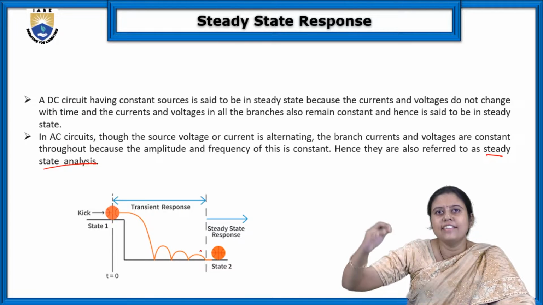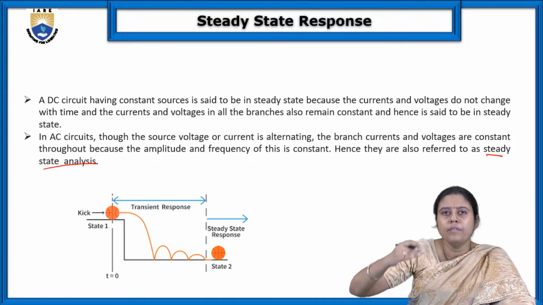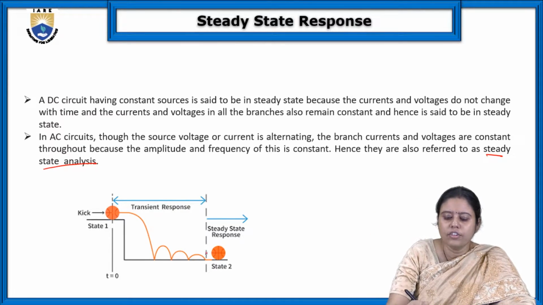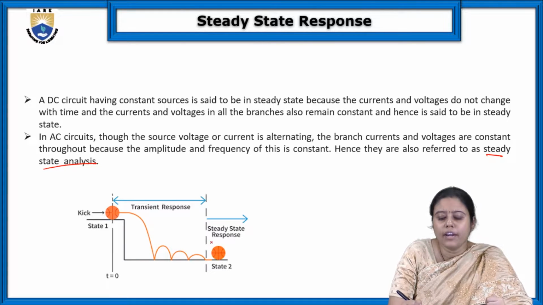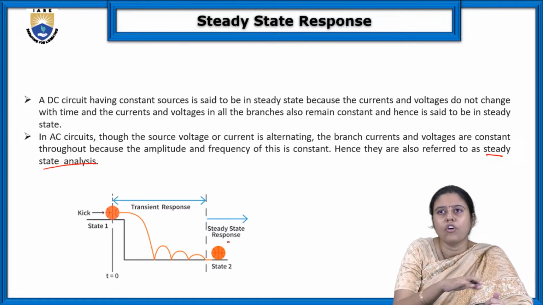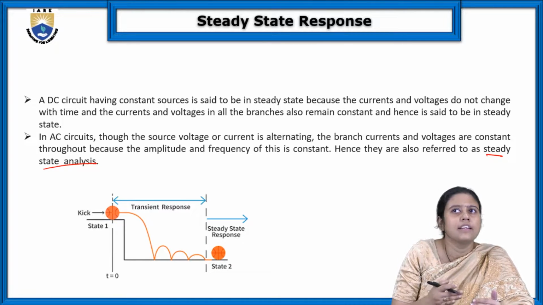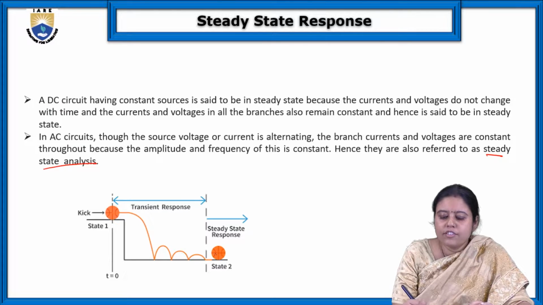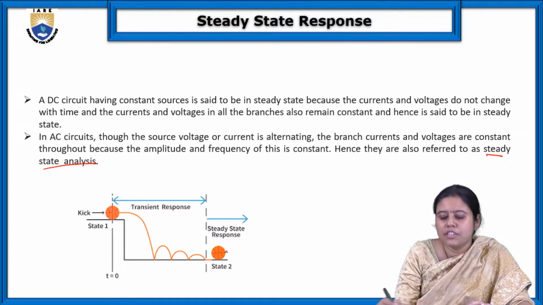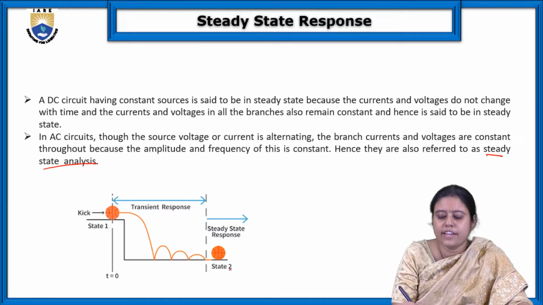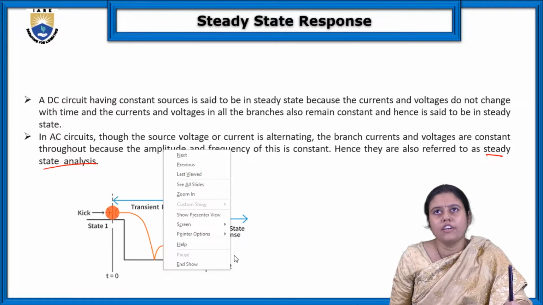Whenever the energy is lost, the height also decreases, and again it comes to a constant. Either it moves at a constant speed or it stops. The ball is dropping and the energy is being lost. This condition in state 1 and state 2 is the steady state condition.